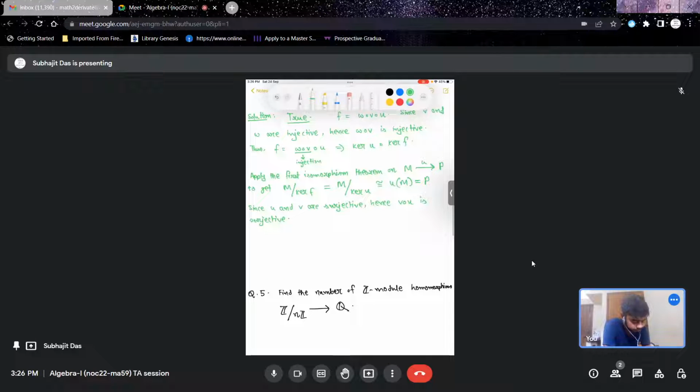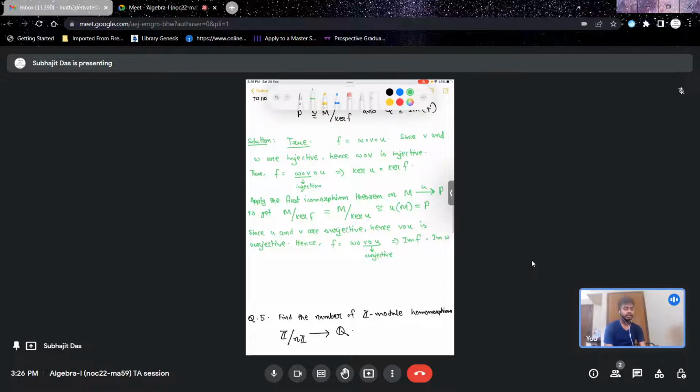the image of W is precisely the image of F. Hence F is equal to W composed with V composed with U, and this is given to be surjective onto its image, which implies that the image of F is equal to the image of W. They're the same.